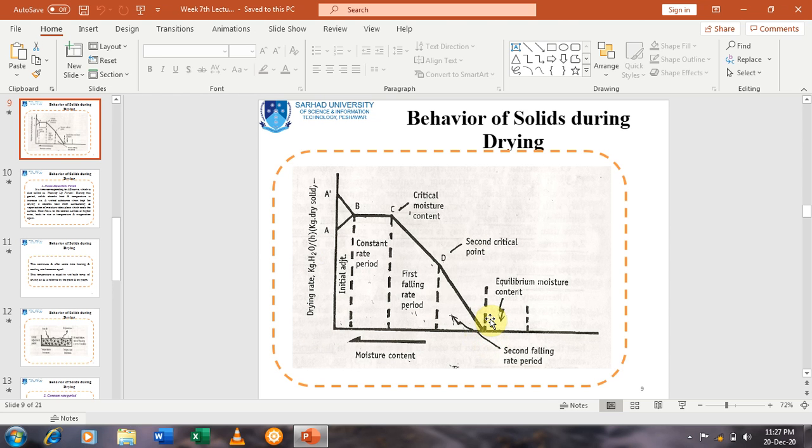It means that there is no further water content to be removed, and at this stage the solid material has a moisture content that is equal to the environment or surrounding. The surrounding has a similar moisture content to that of the solid material we have dried at point E, which is termed as equilibrium moisture content.